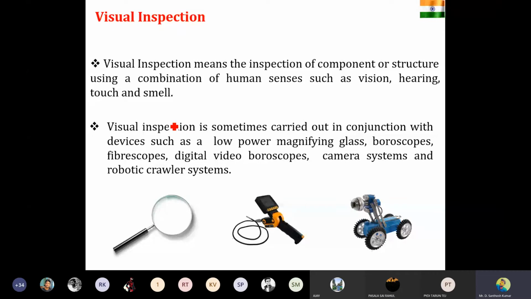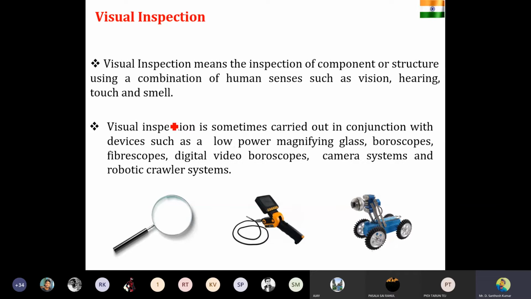You can simply take the part or component, see it well illuminated on different portions of all the areas, and check first whether you can see something by the naked eye. If it is possible by the naked eye, then no problem. Otherwise you have to use other kinds of equipment.